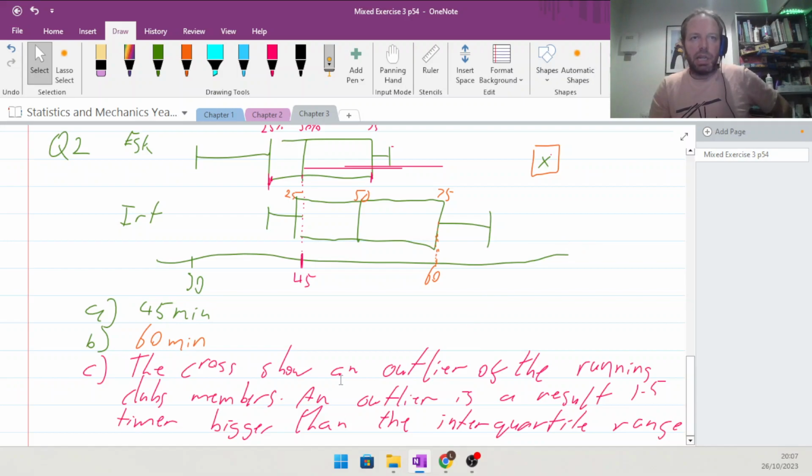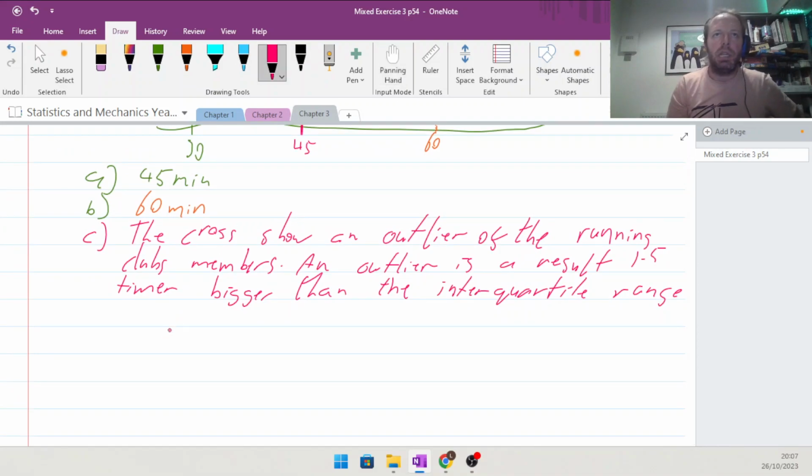So an outlier is a result 1.5 times bigger than the interquartile range added to Q2, the median.